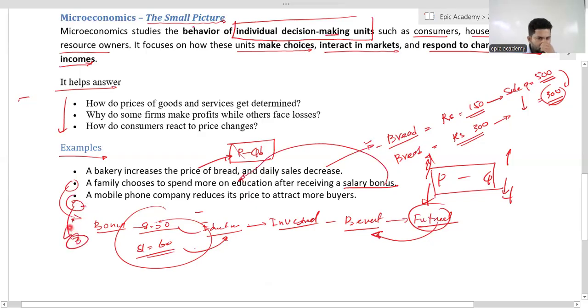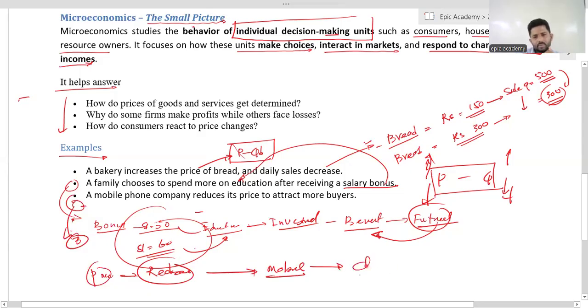Third one: a mobile phone company reduces its prices to attract more buyers. Yes, the price of the mobile decreases. Then what will happen? Compared to the other mobile phones, it will be cheap.